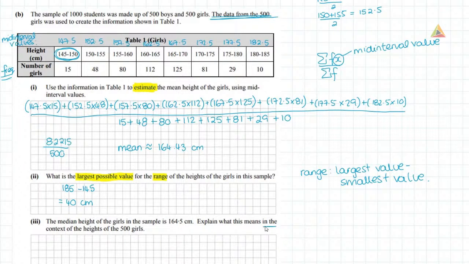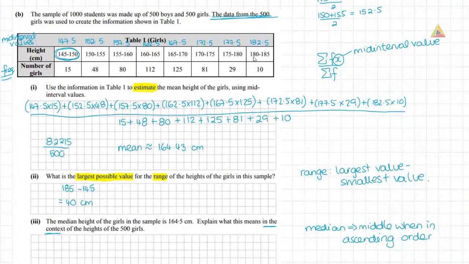Now, it's asking in this context, so in the context of their heights. So what a median is, remember the median is the middle when they're in order. So when they're in order from smallest to biggest, we're looking for the middle.